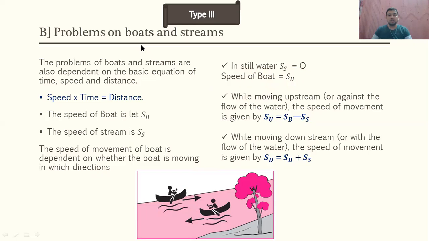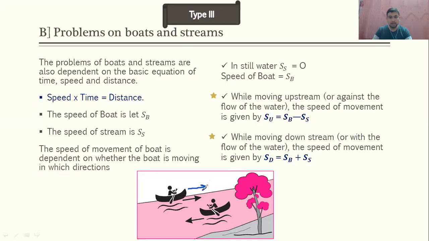Now there are two cases which we have to remember here, which are very important. First, while moving upstream, let us come to this figure first and then we will see the example. This boat is moving in right direction.